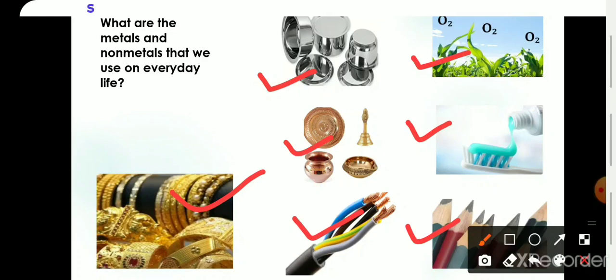So you may observe that some objects are made up of metals while some are made up of non-metals. So how we can classify it between metals and non-metals? Yes, we can obviously classify metals and non-metals on the basis of their physical and chemical properties.